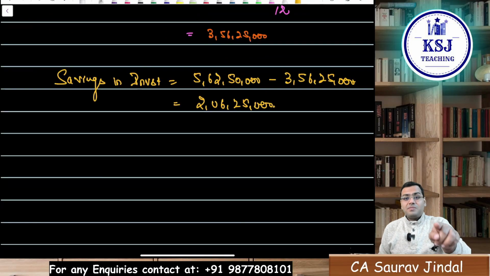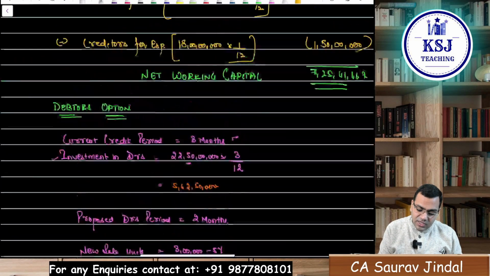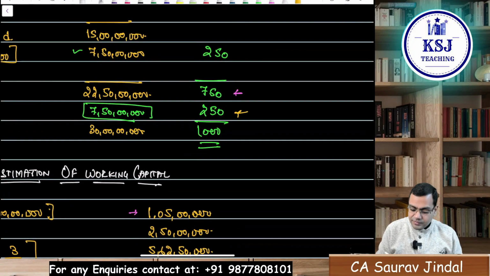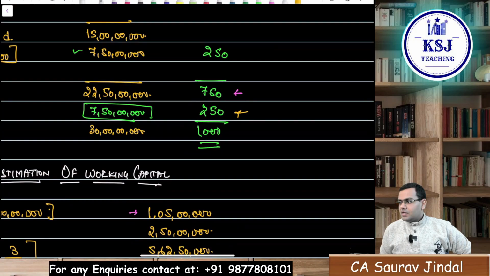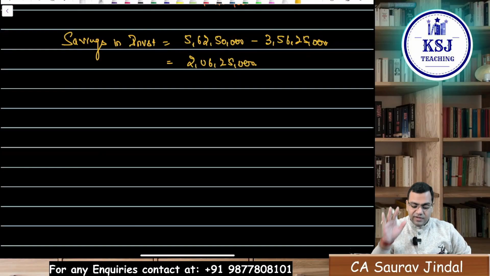But to get the savings, there is a certain cost or loss that you have to bear. What is that loss? You are losing out on 15,000 units, and on those units you are losing 250 of profit. This is the loss you have to bear to get the benefit of 2 crore 6 lakh 25,000.